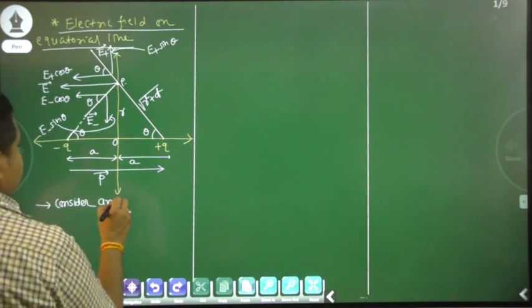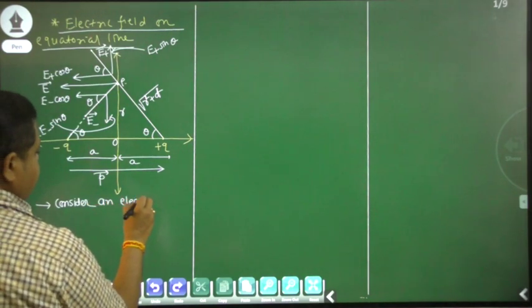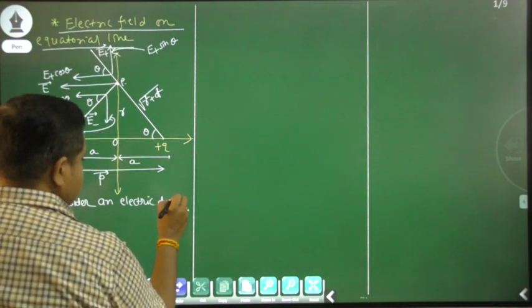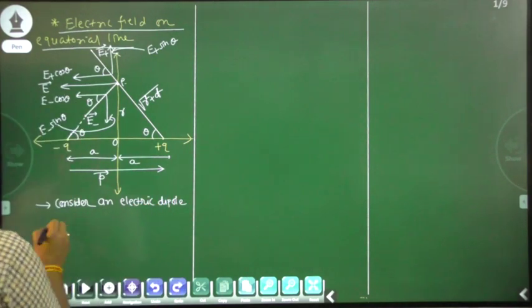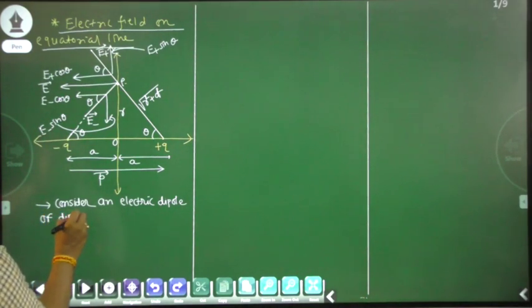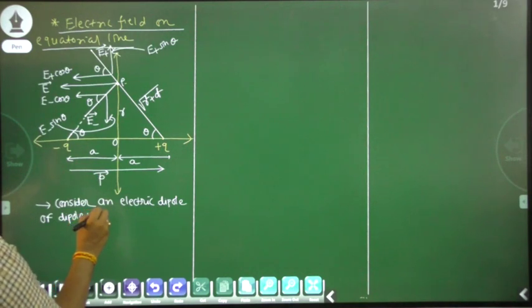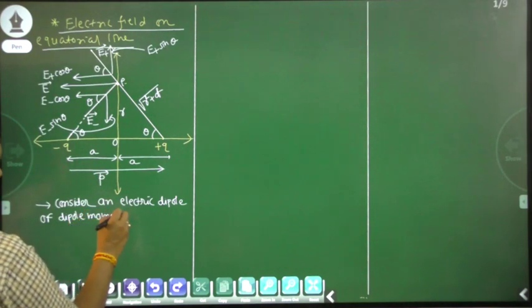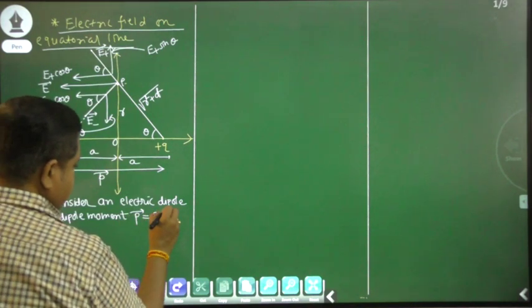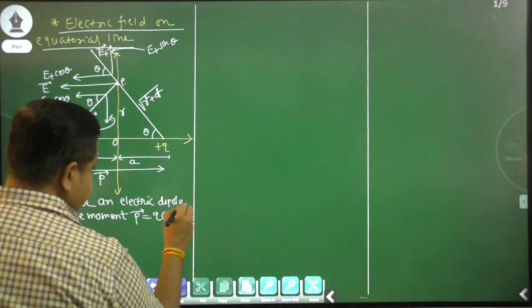Consider an electric dipole of dipole moment p equal to q into 2a.